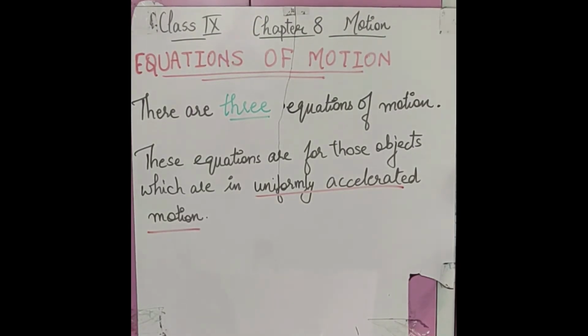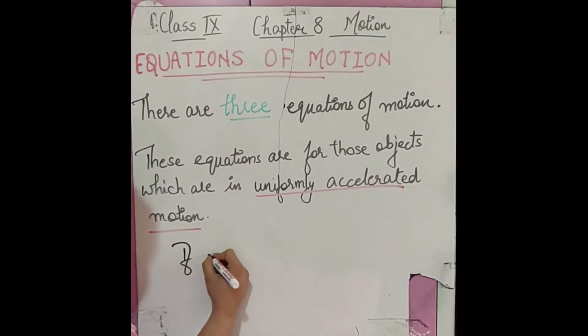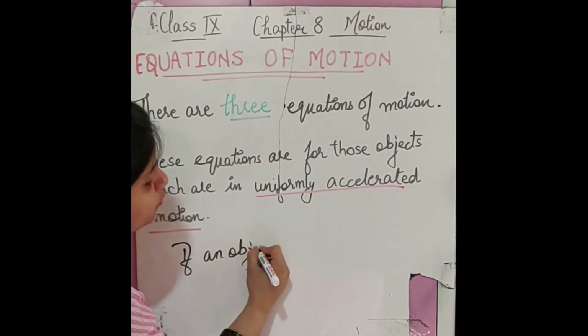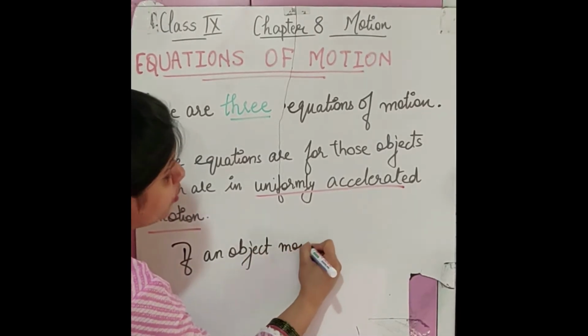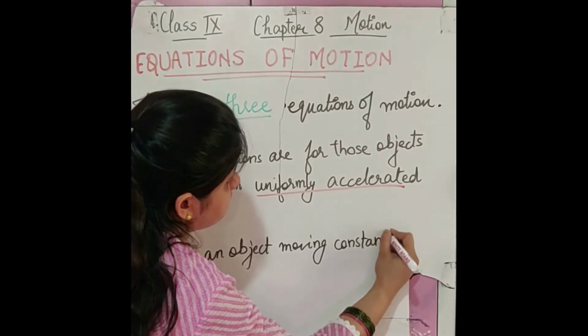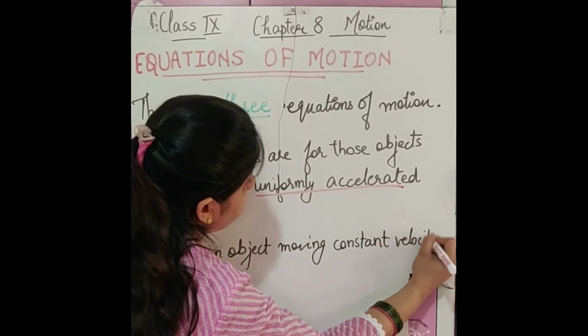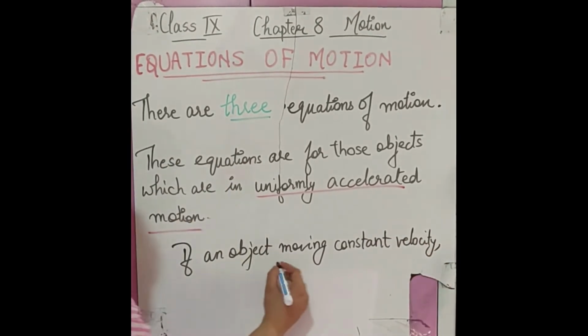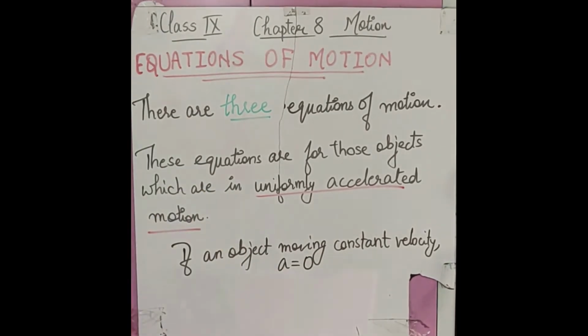Okay, and if an object is moving with constant velocity, that means acceleration is 0.